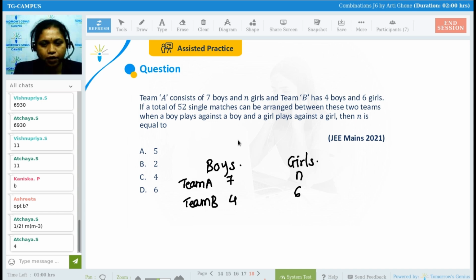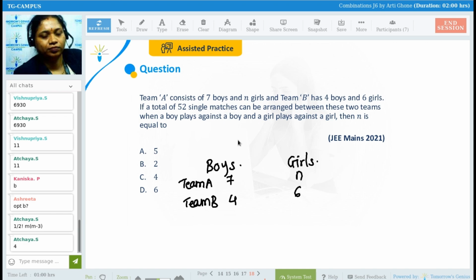Four. Okay. One answer received from Achaya is 4, which is the correct answer. So Achaya, can you please explain how you solved? Yes, ma'am. From team A and team B, we calculate the total number of boys.